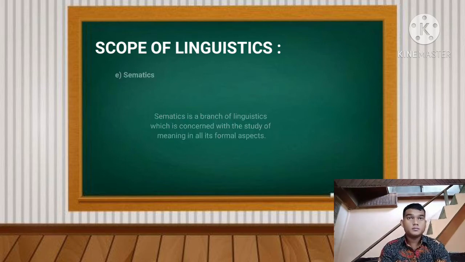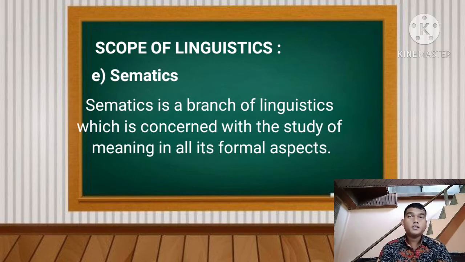Next, semantics. Semantics is the branch of linguistics concerned with the study of meaning in all its formal aspects. Words have several types of meaning.